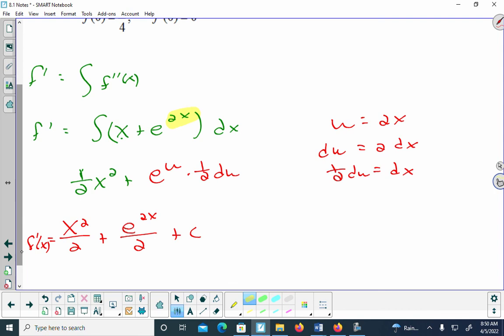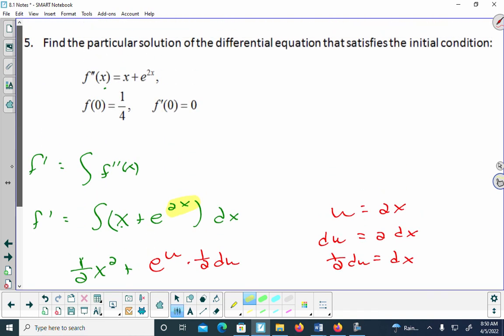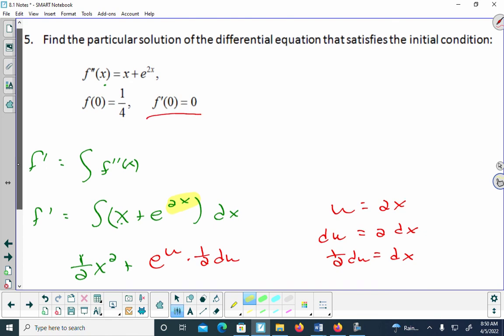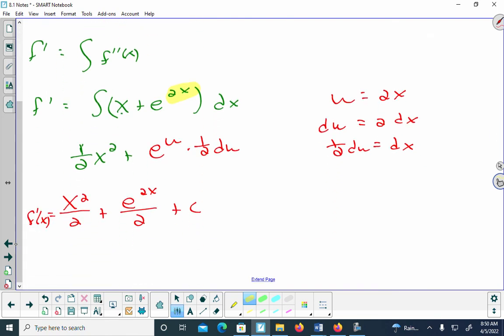I think I agree with myself. And then I go back up and I see that when x is equal to 0, my first derivative is equal to 0. So I'm going to say 0 is equal to 0 squared over 2 plus e to the 2 times 0 over 2 plus c.